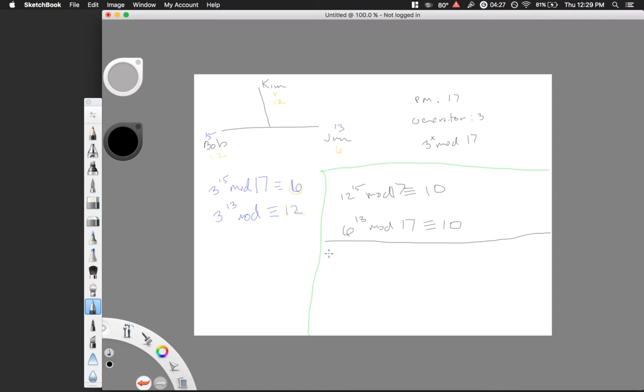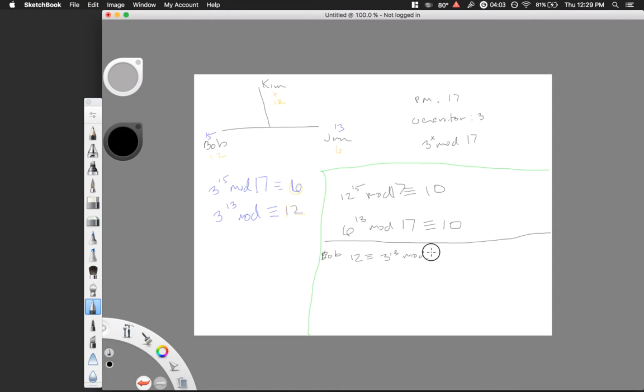So let's first take a look at what Bob did. Bob took the 12 he received from Jan, and that 12 was calculated like this, if you remember from the previous lecture.